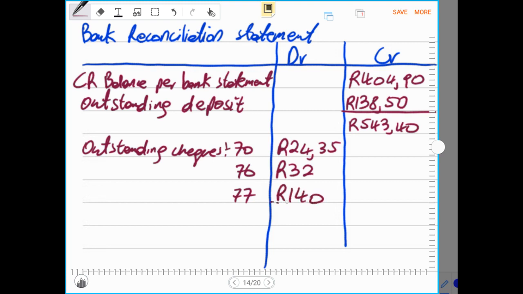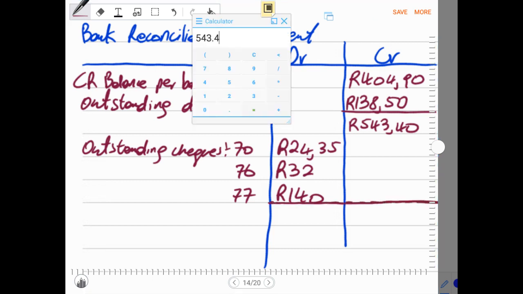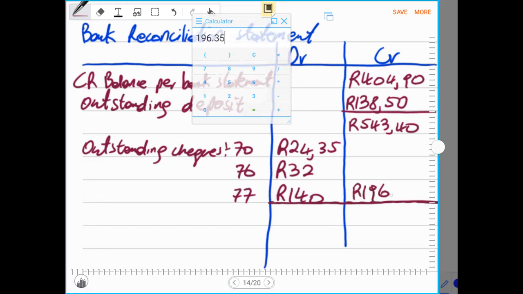So now the total for this debit side, as I said, you must not write it in brackets: 24.35 plus 32 plus 140 gives me the total of 196.35. So we will get to the balance.